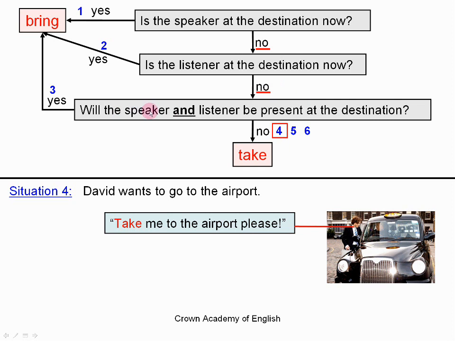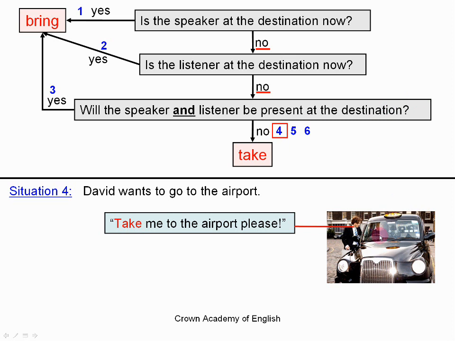So, will the speaker and listener be present at the destination? Well, what this question means is, will the speaker and listener be present at the destination, and will they spend time together at the destination?